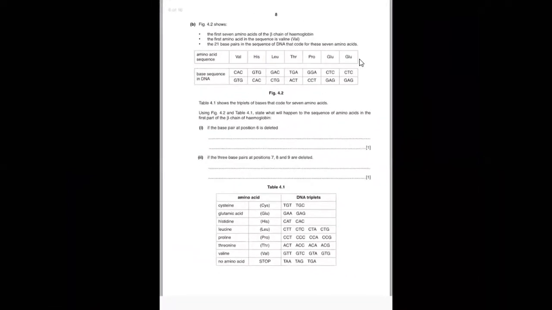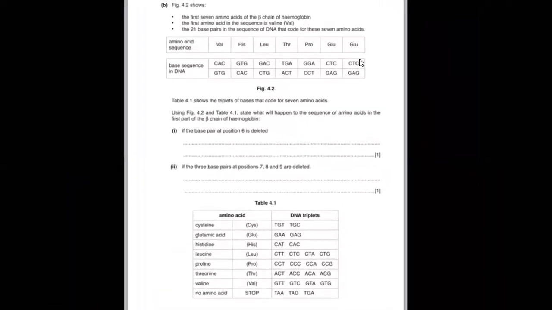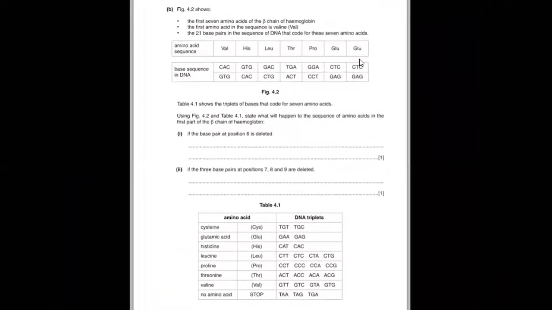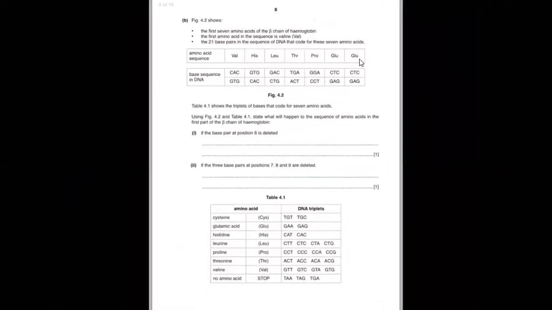Can you see the entire page, all of you? And is it clearly visible to you? Let me zoom in a little. Now you look. Use this table given below and also the figure both to find out what will happen if the base pair at position 6 is deleted.